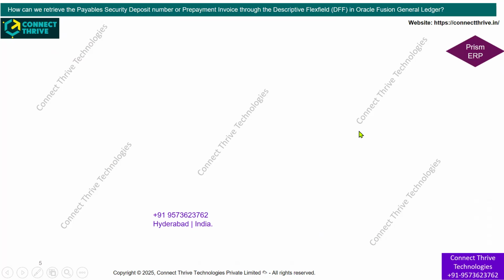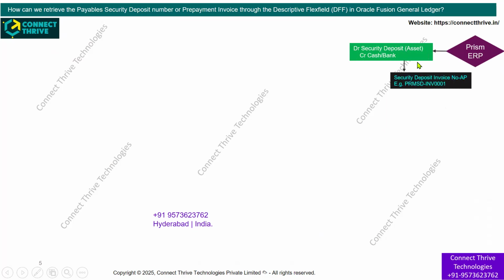Now this example is the same only. So we have a Prism ERP. Here they are entering the transaction with the help of field officers or end users. They will create a security deposit invoice in their Prism ERP application. Once they create any security deposit entry, they will generate this Prism PRMSD invoice number automatically.